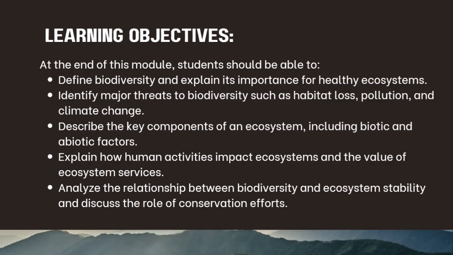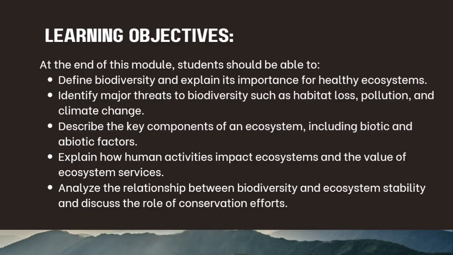Now, for our learning objectives, we have here a list of learning objectives for the module on biodiversity and ecosystem. By the end of the module, students should be able to, first, define biodiversity and explain its importance for healthy ecosystems. Second, identify major threats to biodiversity, such as habitat loss, pollution, and climate change.